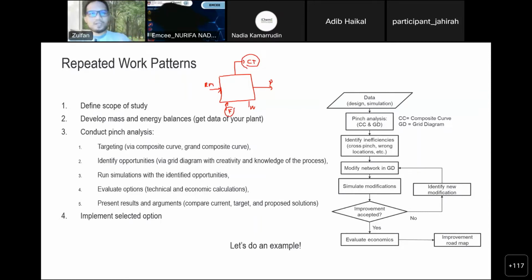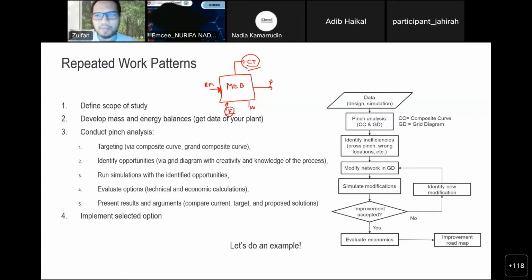So from here you can have a sense of, okay, our base case is this, with this value of the heating requirement and the cooling requirement. Then you can make a mass and energy balance around this plant. Point number 2, make a mass and energy balance around your plant, and use those numbers to make the composite curve like I mentioned before.